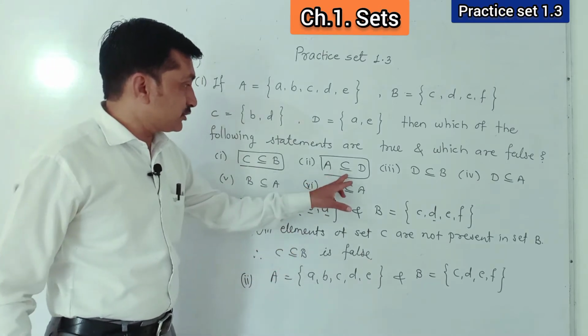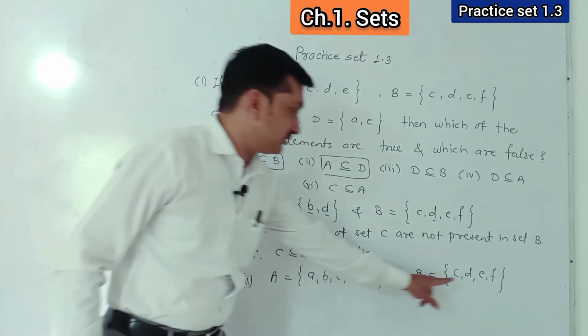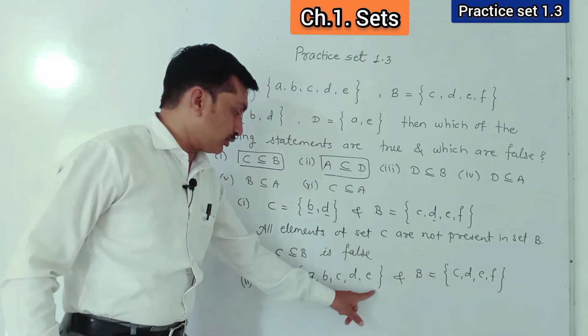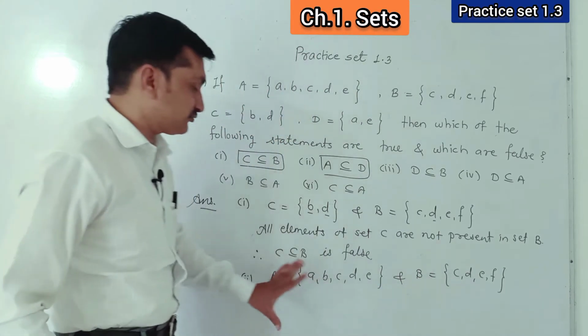Now A subset of D means all elements of A should be present in D. But here again, all elements of A are not present in D. That's why it is false.